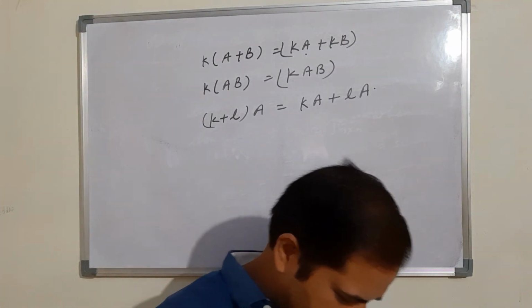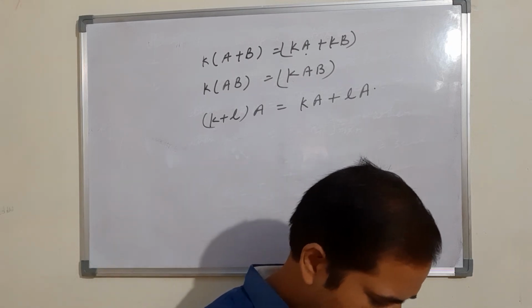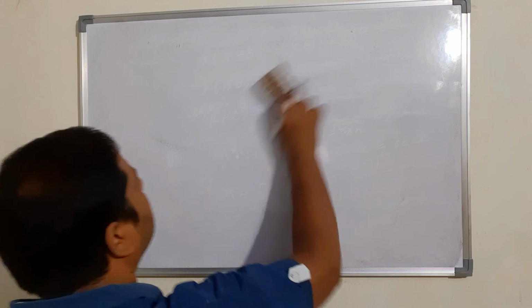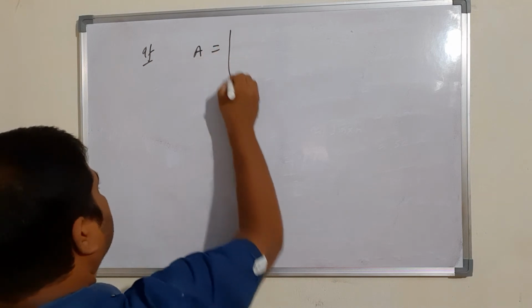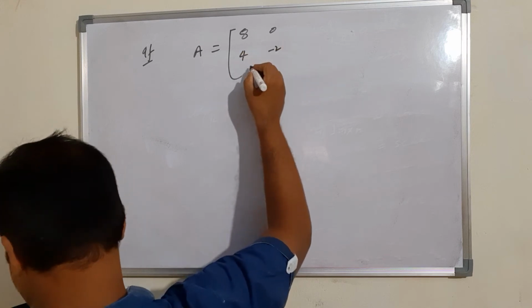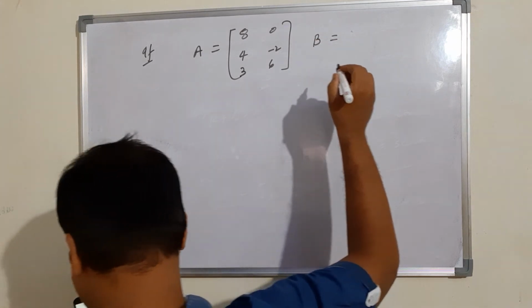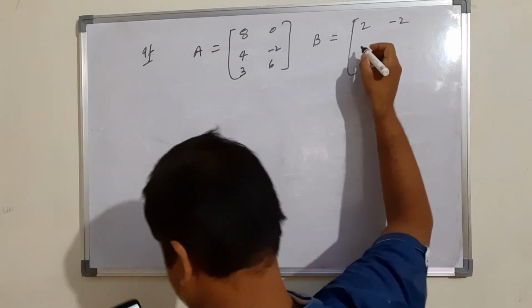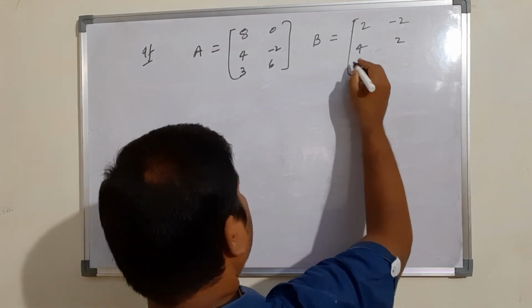Now we have to see some questions. If A is equal to 8 0, 4 minus 2, 3 6, and B is equal to 2 minus 2, 4 2, minus 5 1.